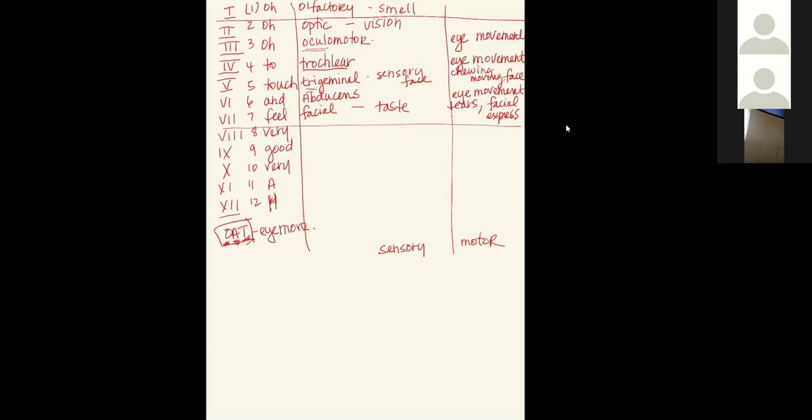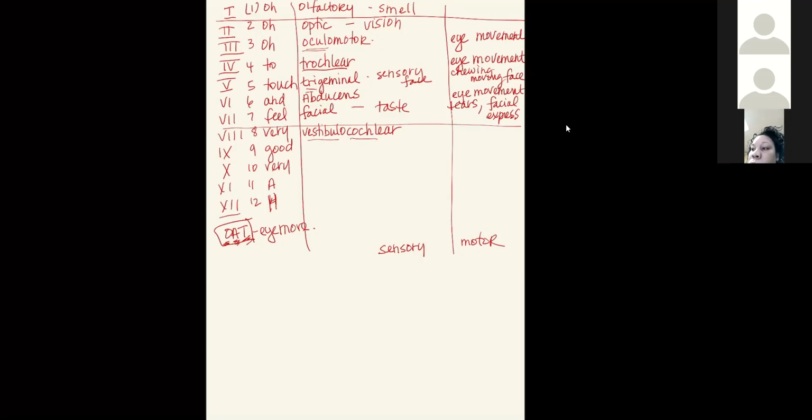Now 8 is vestibulocochlear. That's a lovely one, right? The vestibule is part of your ear, and so is the cochlea.